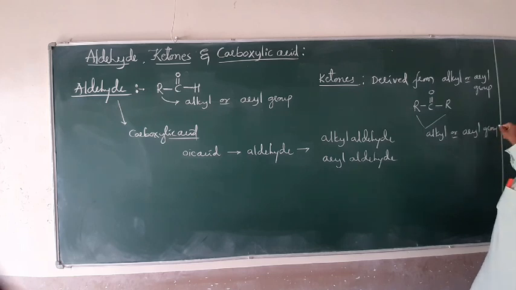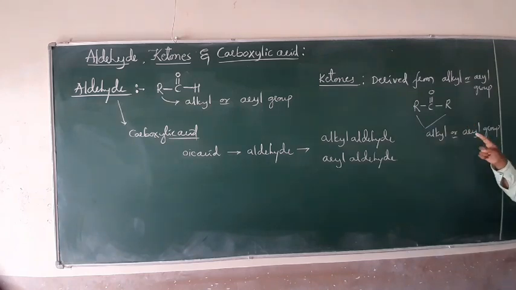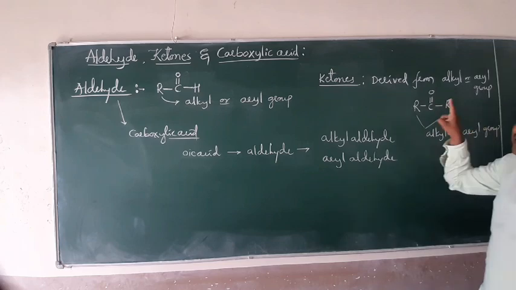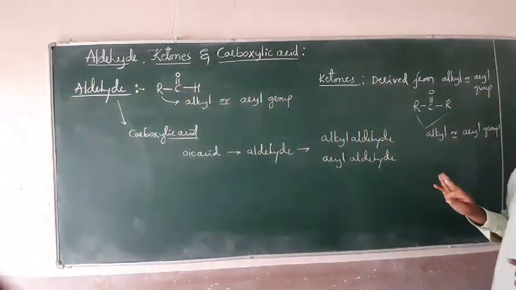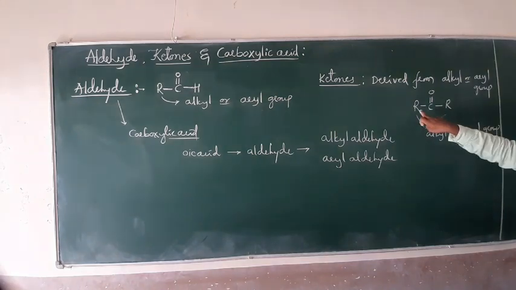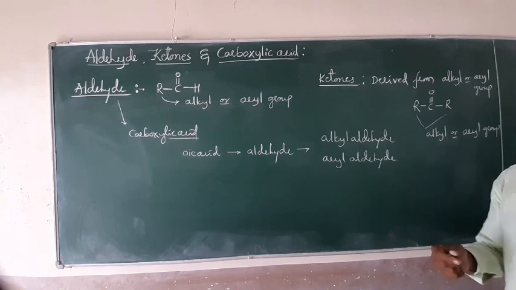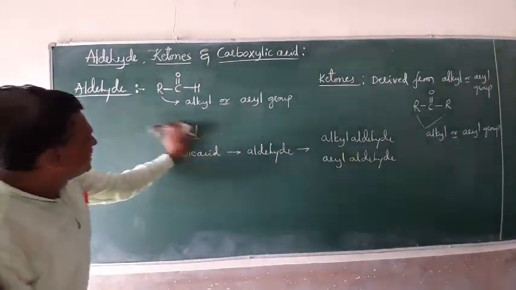This is a simple introduction regarding the aldehydes as well as ketones. Keep in your mind, ketone has the general formula RC double bond OR, and aldehyde has RCHO. So both alkyl or aryl group you can substitute in the position of R. This is a simple introduction part of your corresponding aldehydes and ketones.